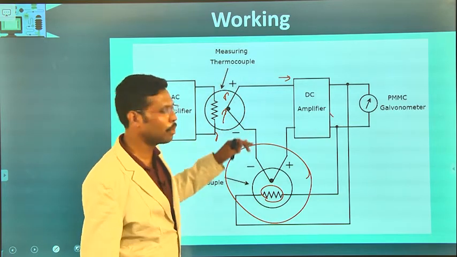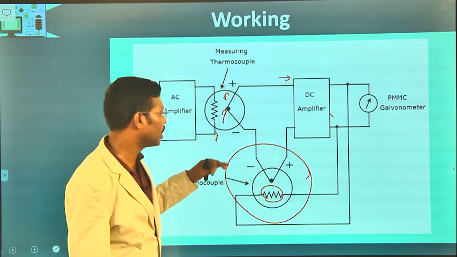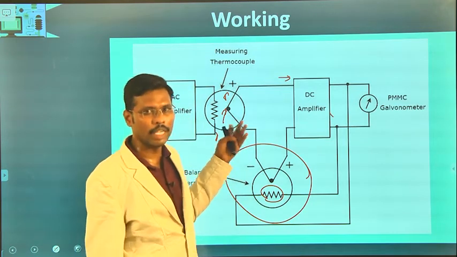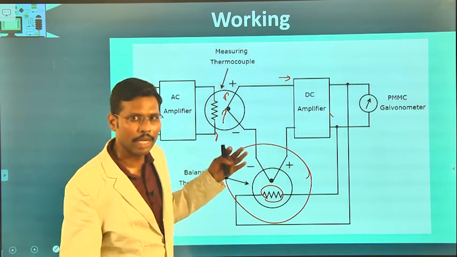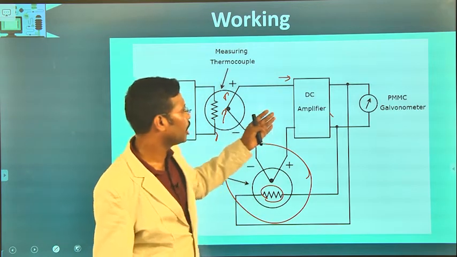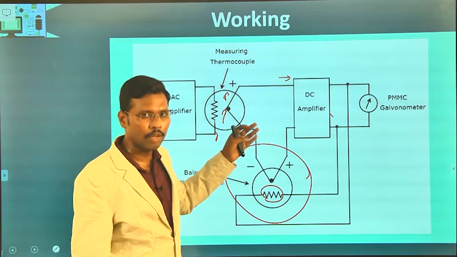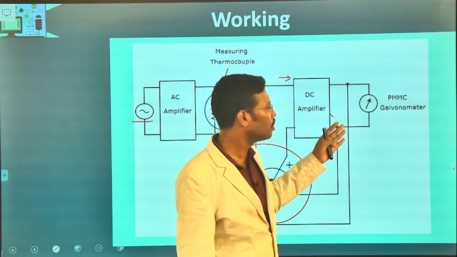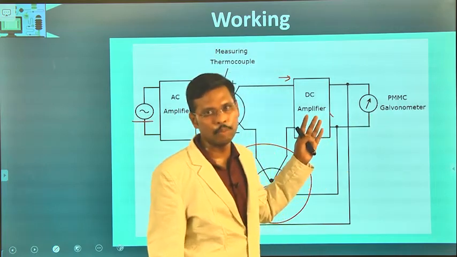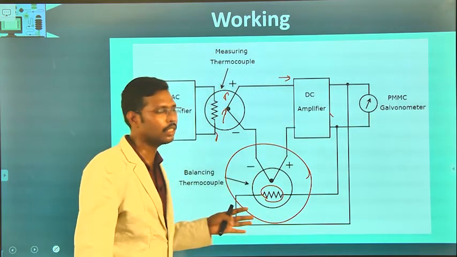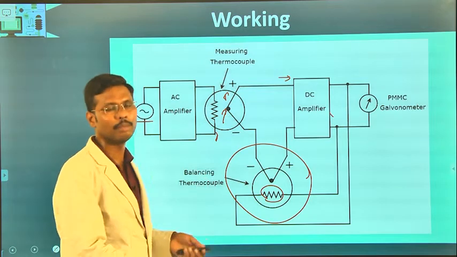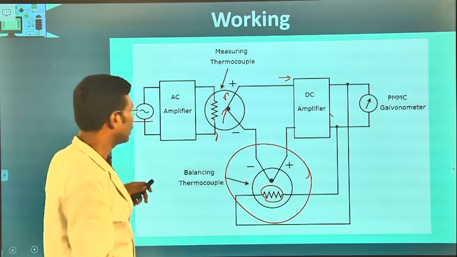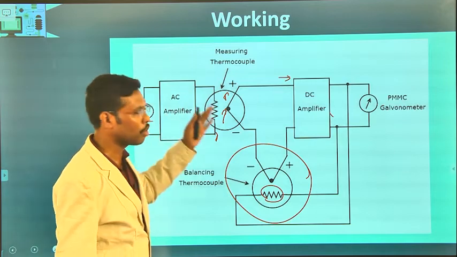So, when both the thermocouples are at the same temperature, the signals generated by these two thermocouples will be equal, and so there will not be any error signal, and the input of the DC amplifier will be 0, corresponding to which the output of the DC amplifier will be 0, and PMMC will get back to its 0 position. The system is back to normal condition, means back to balance condition, and it is ready for the next measurement. So, whenever there is another signal, it is applied and the process will go on.